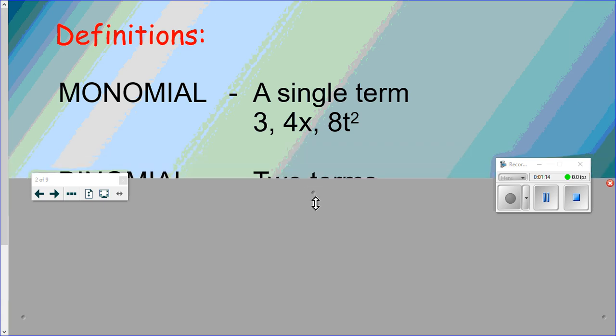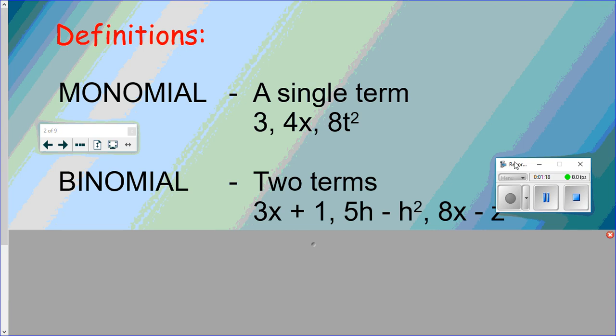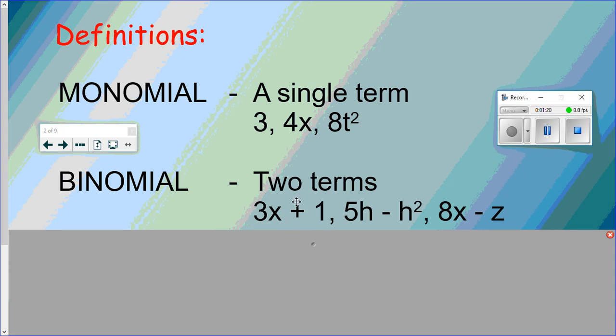A binomial is two terms. And you can tell that they're two terms because they're separated by a plus or a minus sign. And keep in mind, thinking about the differences in like terms, just because these both have h's does not mean that they are the same.